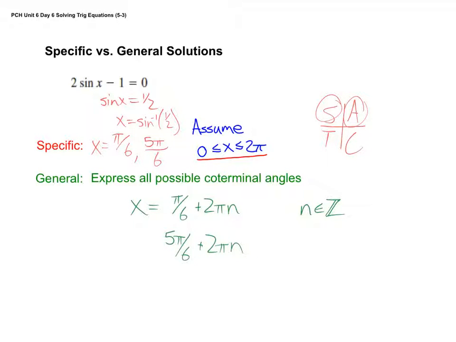A specific solution, if you're given a domain for x, you would just figure out all of the answers within that range. So, pay attention to directions, make sure that you're giving your answer the proper way. Okay? Any questions so far?